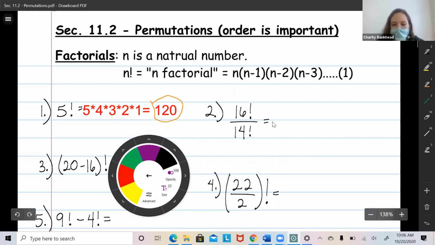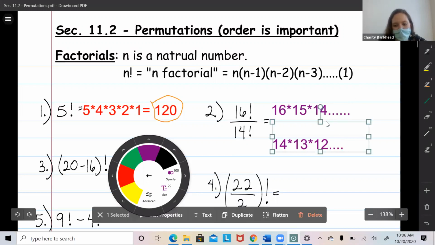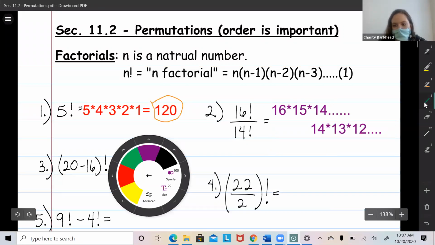And then 14 factorial is 14 times 13 times 12, etc. Basically, in this case, what you can do is cancel out 14 and everything after 14, because everything after 14 is going to be the same.